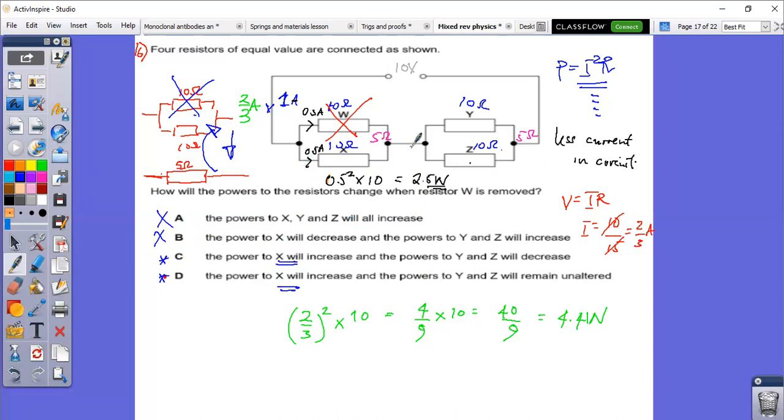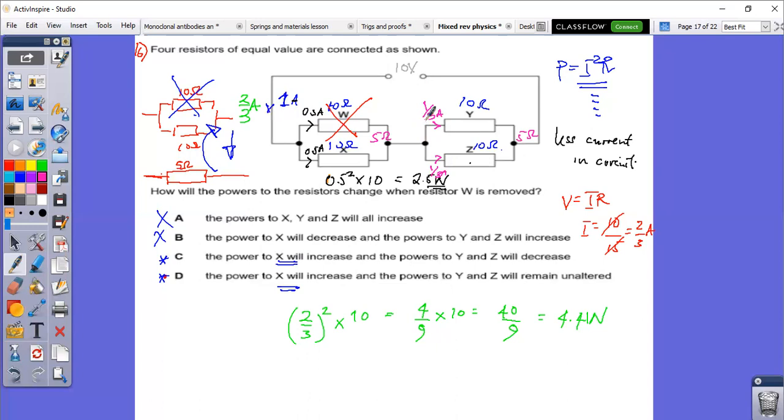We've got 2/3 of an amp. Without even doing any further calculation, this 2/3 of an amp is going to split into 2. So you're going to have half of it, and half of 2/3 is a third going that way and a third going this way in the new situation.